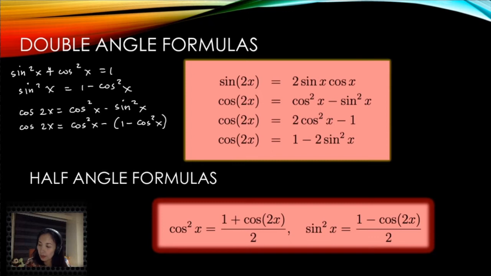And further simplification, what do we get? The negative of negative cosine squared will be positive cosine squared x.